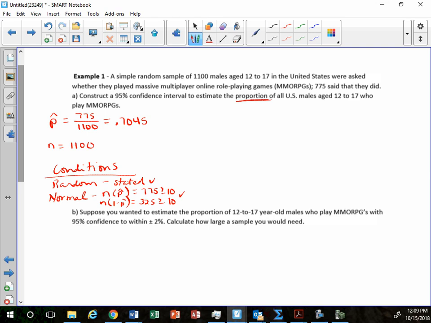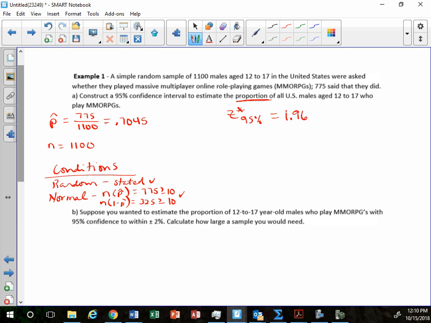Let's think about our critical z value here. Our critical z for 95%. You could find it again with your calculator though. What is it? Yeah, 1.96, that sounds great.